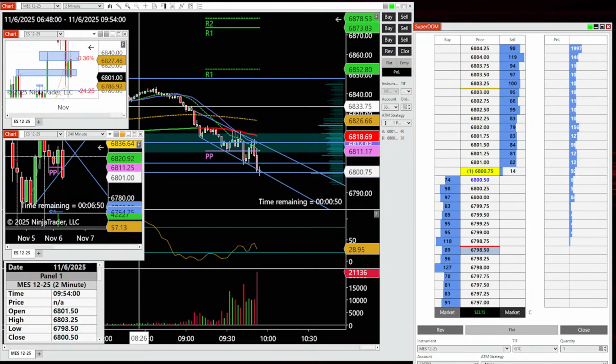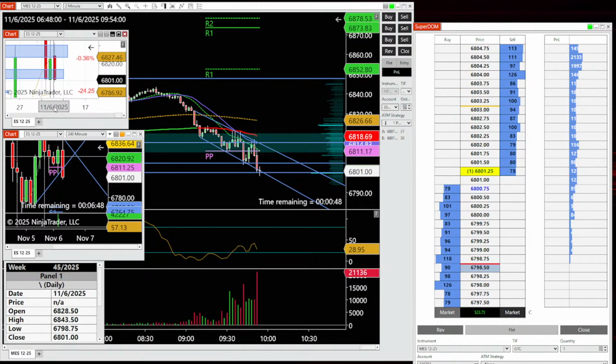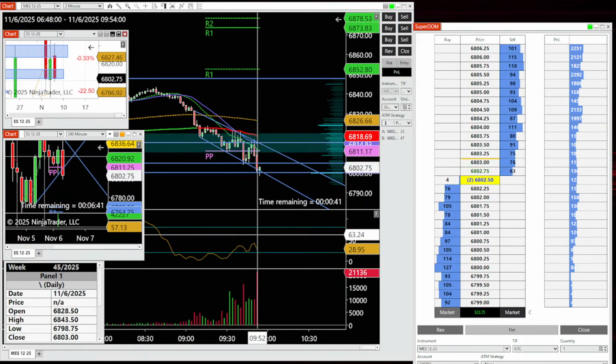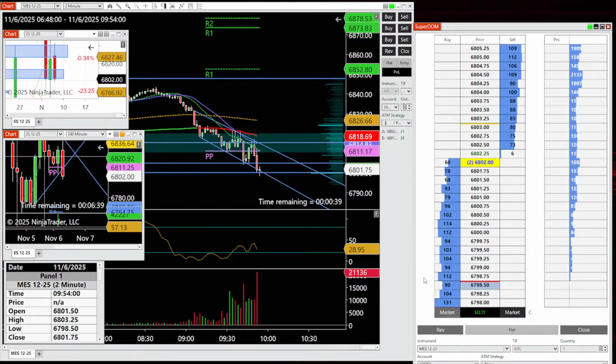So we broke prior day's open on the daily bar here. That's this green bar. Kind of playing that over and under that green bar.